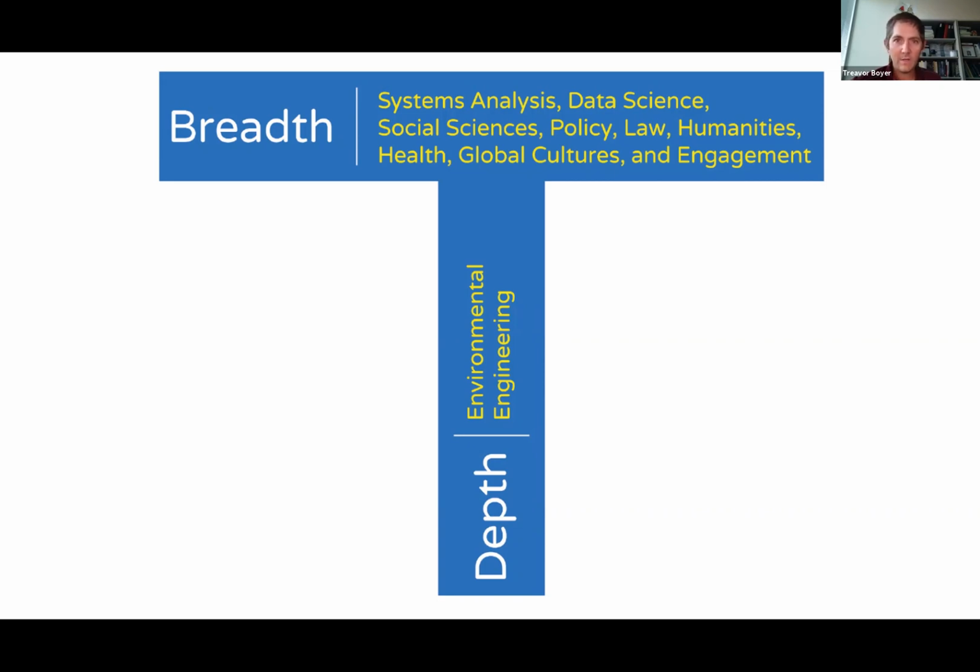So, for example, if you come to ASU, you select a major like environmental engineering, you commit yourself to really understanding the fundamentals of that. And then you choose wisely in things like your general studies electives and your technical electives to help round out your knowledge.